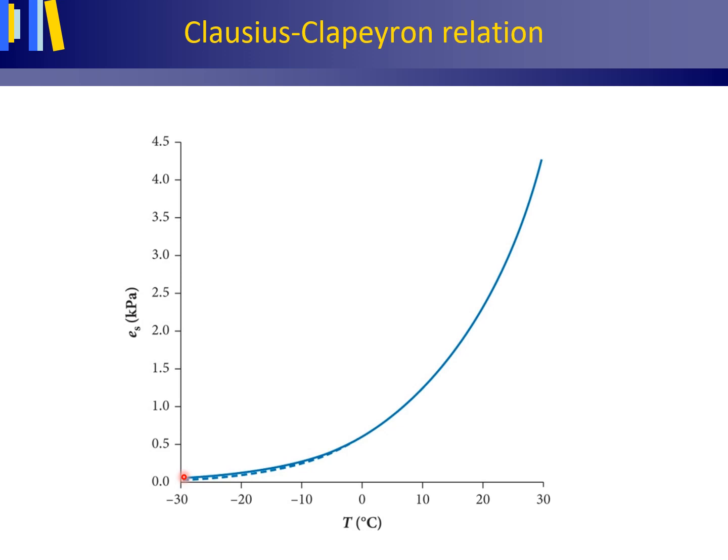So a cloud can be defined as a visible mass of very small water droplets, 1 to 1,000 micron in size, a micron being a thousandth of a millimeter, or of ice crystals that float in the atmosphere when the temperatures are low.